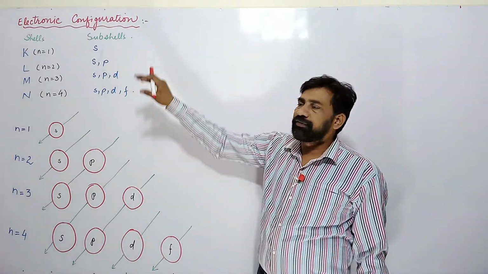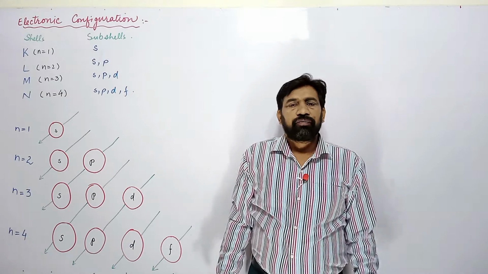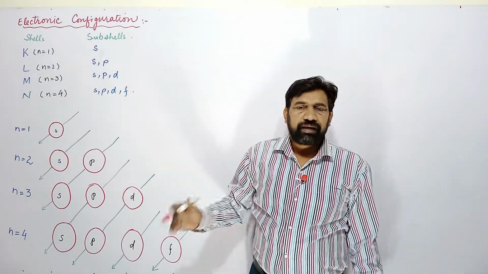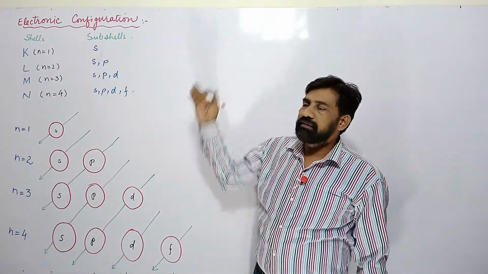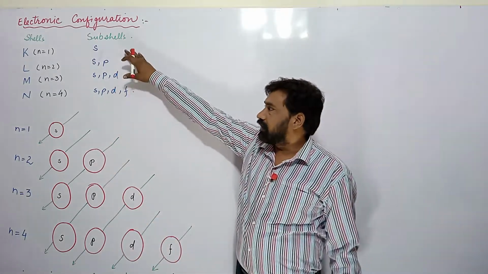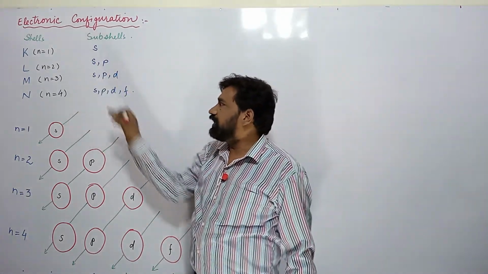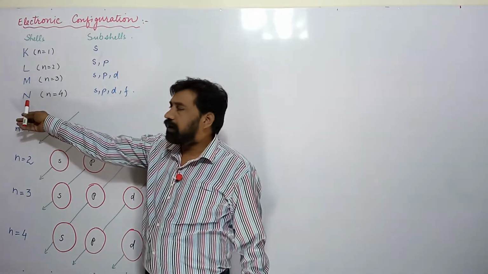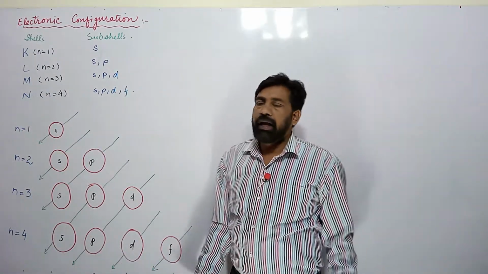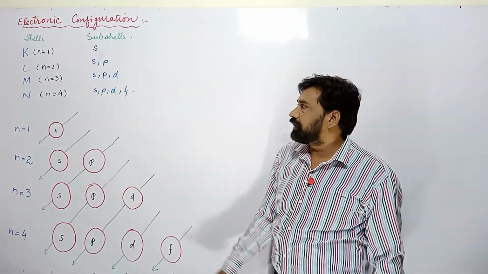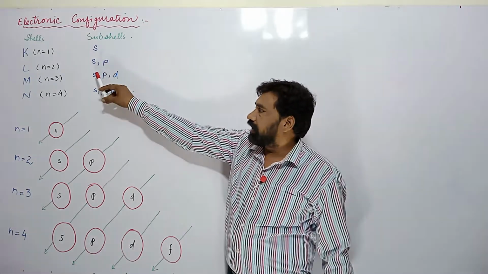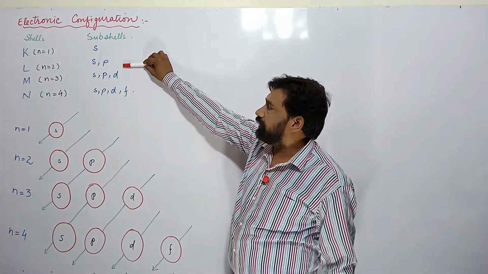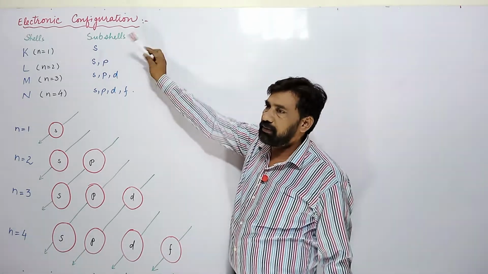For example, in case of K shell, there is only one subshell or one sub energy level that is named as s. These are lowercase s, p, d and f, and these are uppercase K, L, M and N. Students, in L, there are two sub energy levels or subshells, s and p.